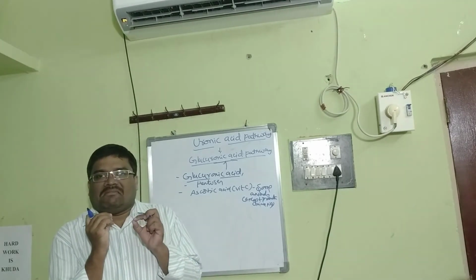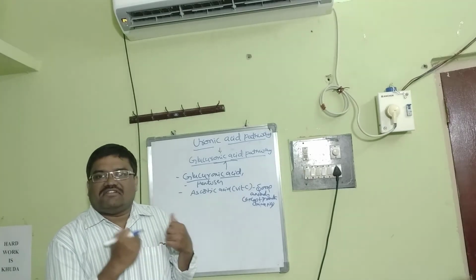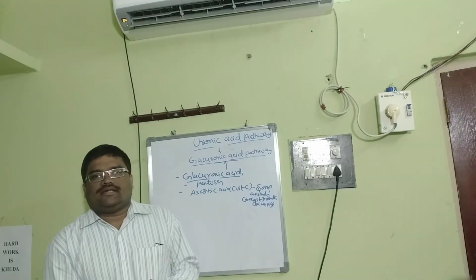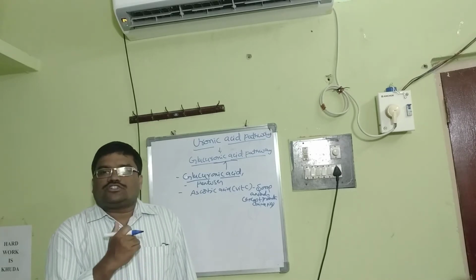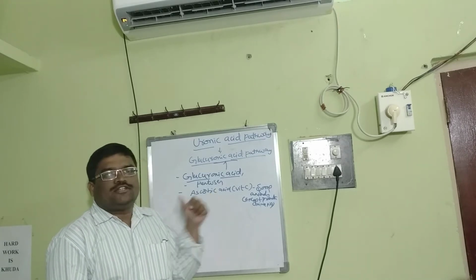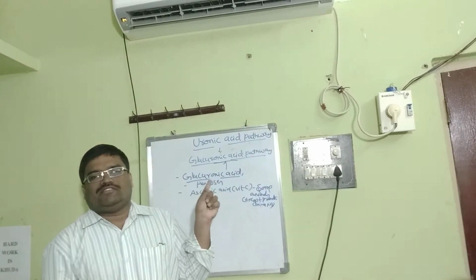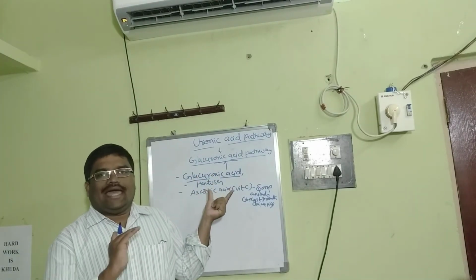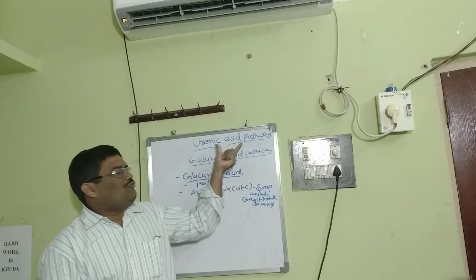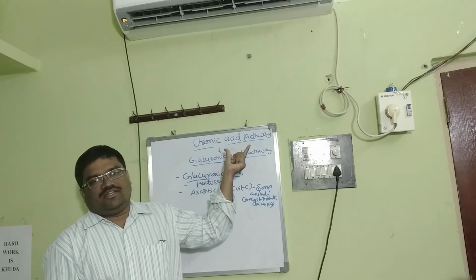But in some animals, except primates, they have their own biological machinery to synthesize ascorbic acid through the uronic acid pathway. So this is the connection. These are the three essential components which the uronic acid pathway synthesizes.